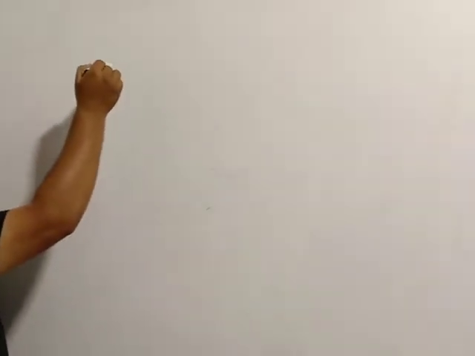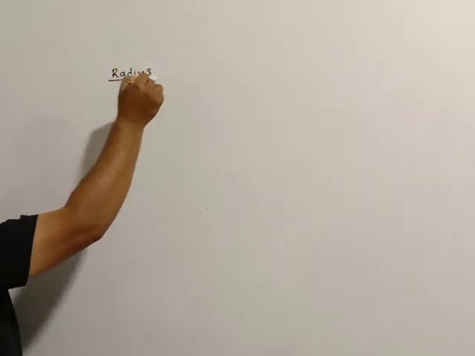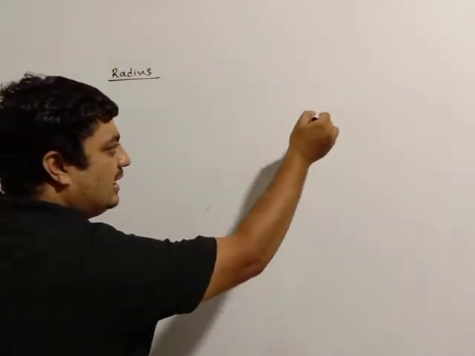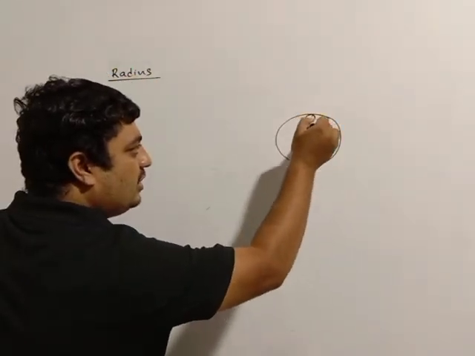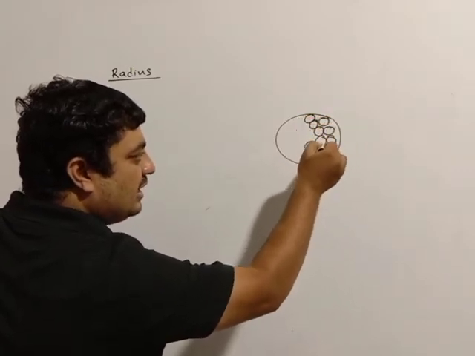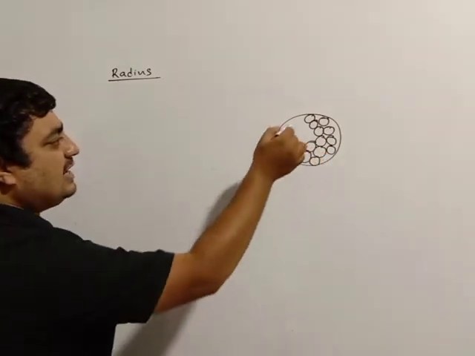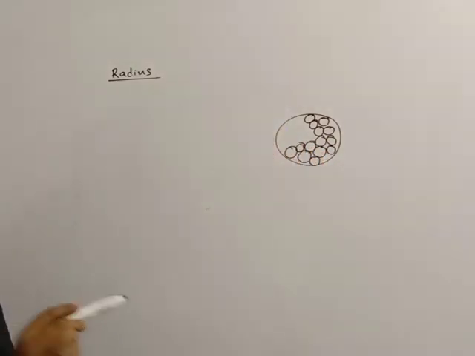Next we'll go for characteristics of the nucleus. First we'll start with radius. Now the nucleus consists of nucleons, so the volume of the nucleus is directly proportional to the number of nucleons.